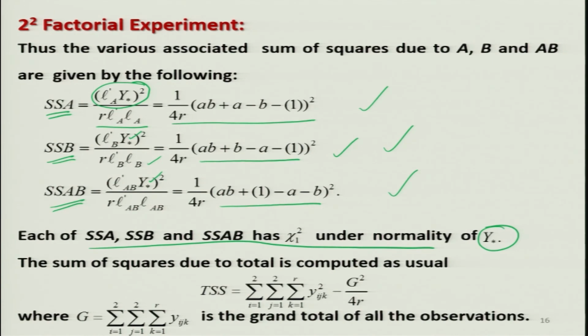Now, how are you going to find out the total sum of squares? It is the same way: summation i goes from 1 to 2, summation j goes from 1 to 2, summation k goes from 1 to r, y square ijk minus g square upon 4r. This is your total sum of squares, where g is the grand total of all the observations, summation over ijk of yijk.